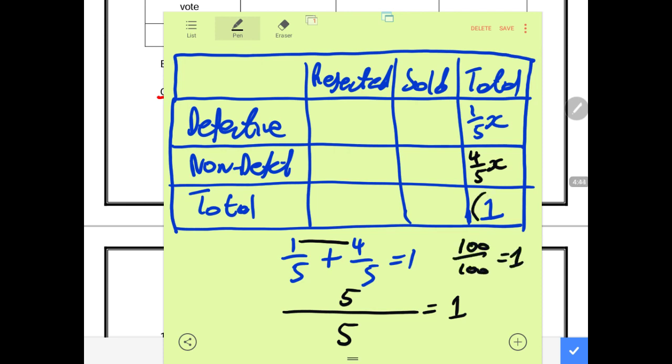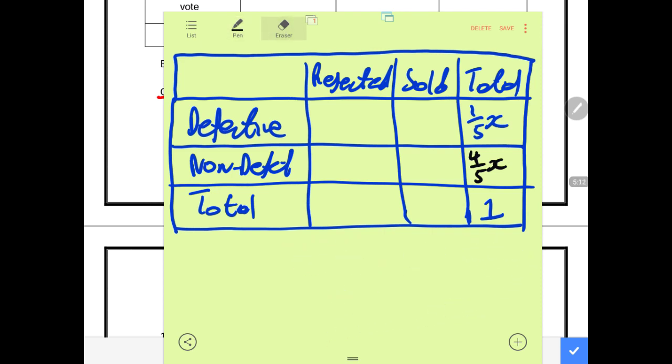So the whole total of the switches we produce is out of 100%. This is what we have so far: 1/5 of them are defective, therefore 4/5 are non-defective, meaning they have no production issue. They were produced very well, at the quality the company wanted.